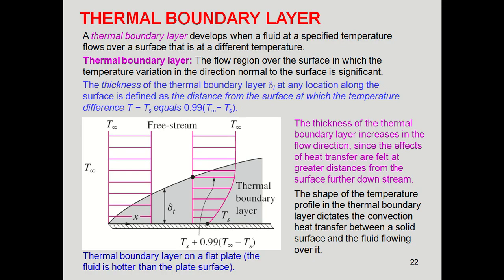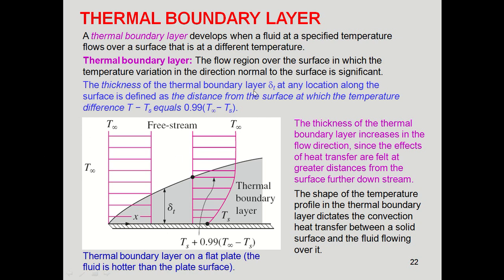Now about the thermal boundary layer. A thermal boundary layer develops when a fluid at a specified temperature flows over a surface that is at a different temperature. The thermal boundary layer is the flow region over the surface in which the temperature variation in the direction normal to the surface is significant.